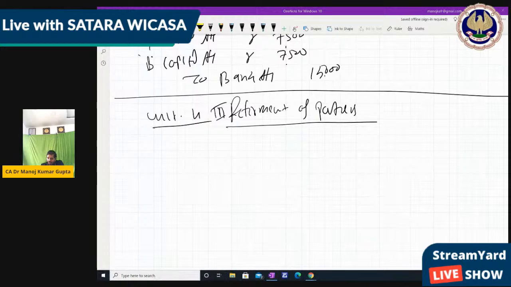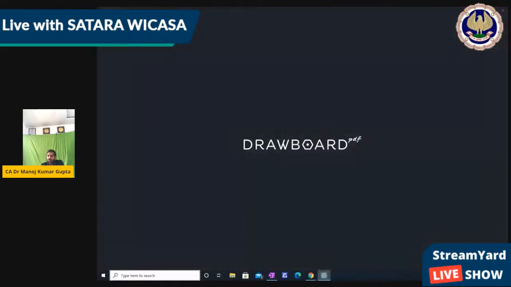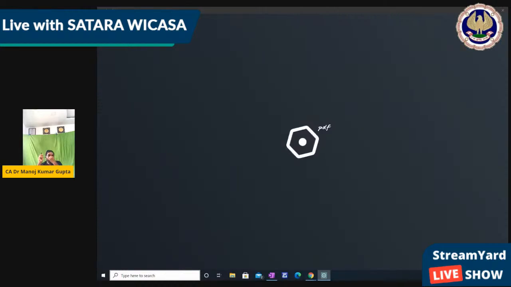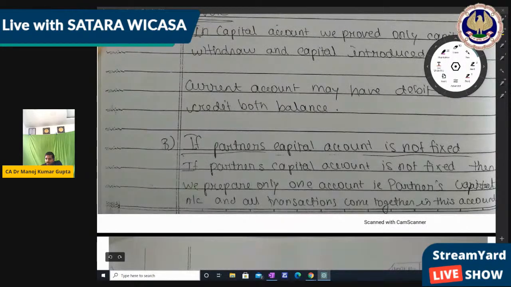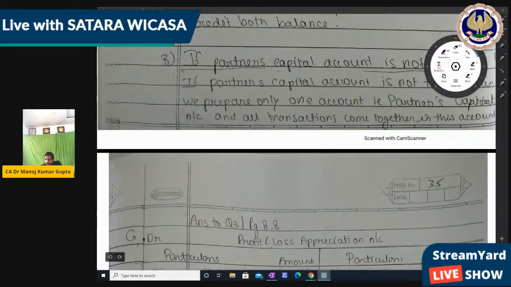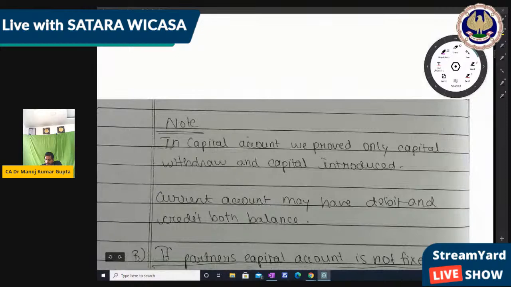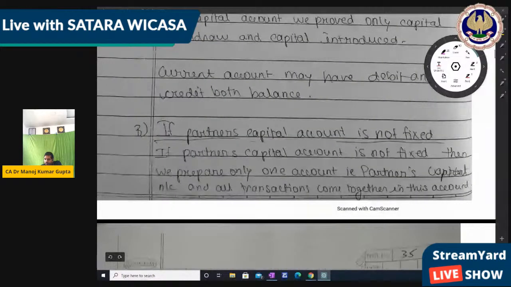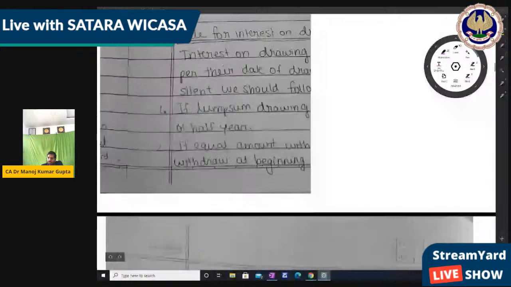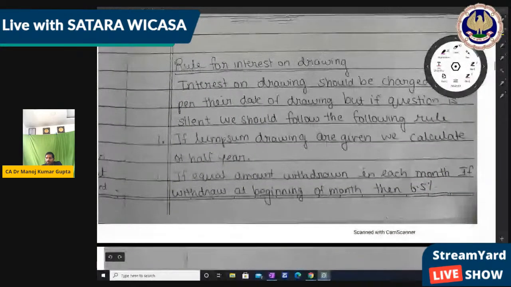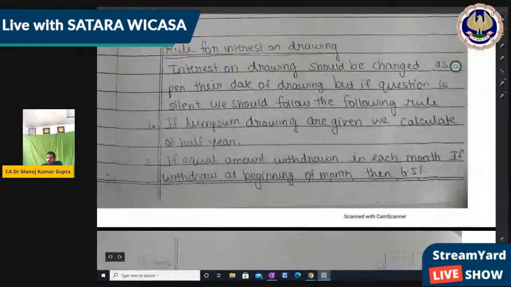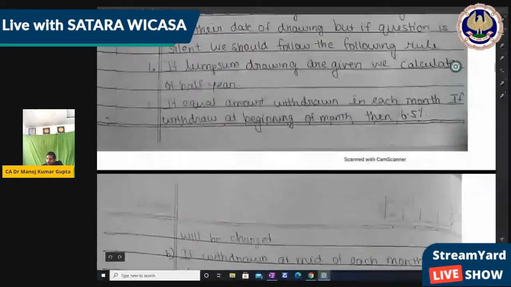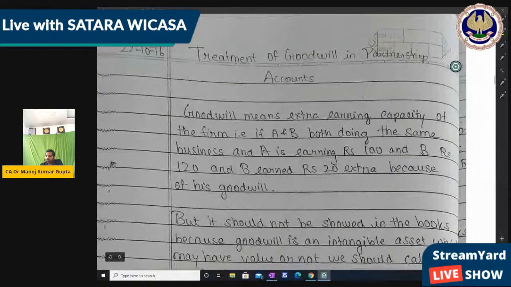So now I come to the notes part which we read, so that all concepts get clear, because we had not read the notes from admission. So let's start the reading. Till where we had completed: the rule for interest on drawings. We have already discussed that, and I think we have also read it. Next is the treatment of goodwill in partnership accounts.